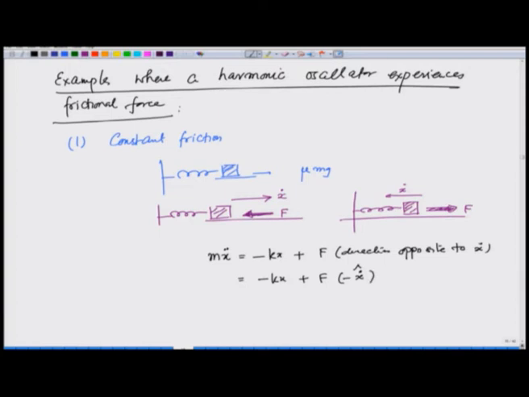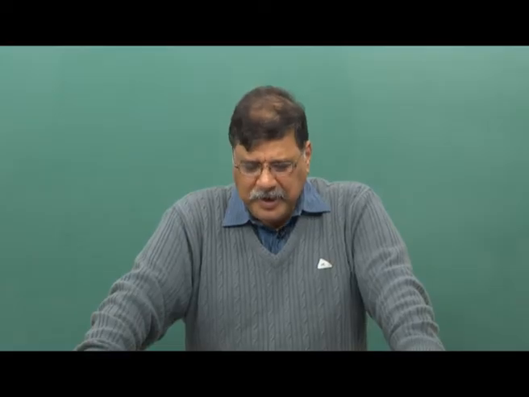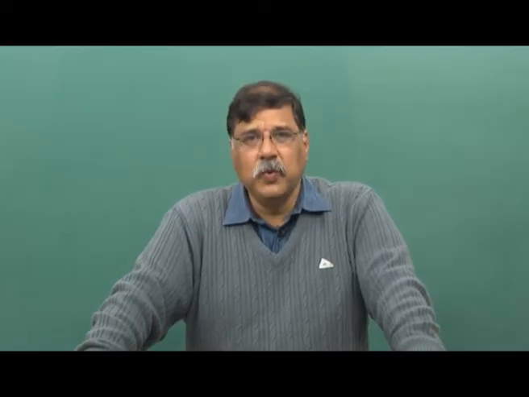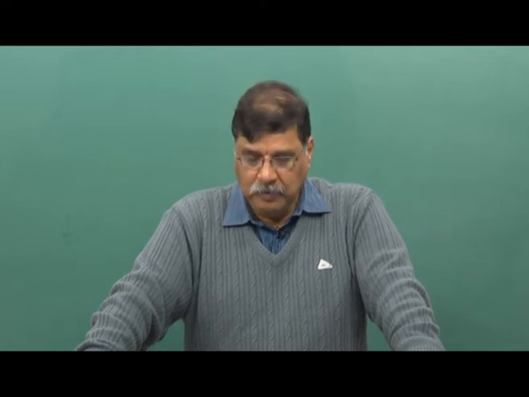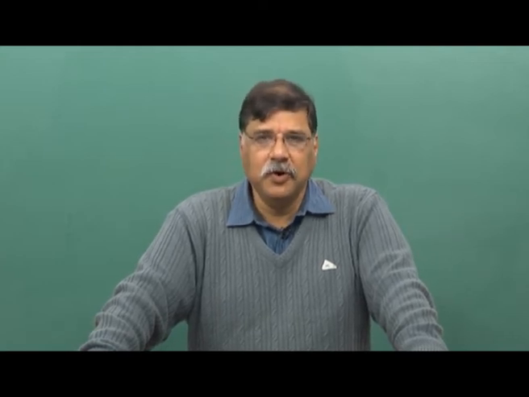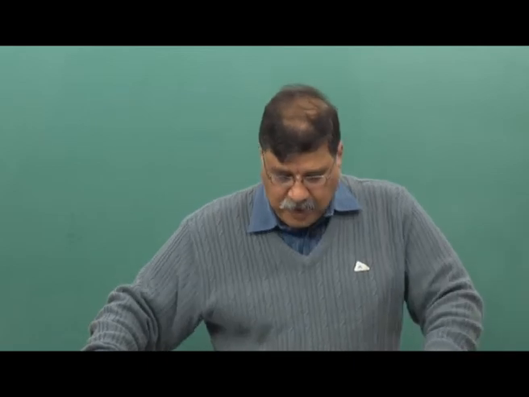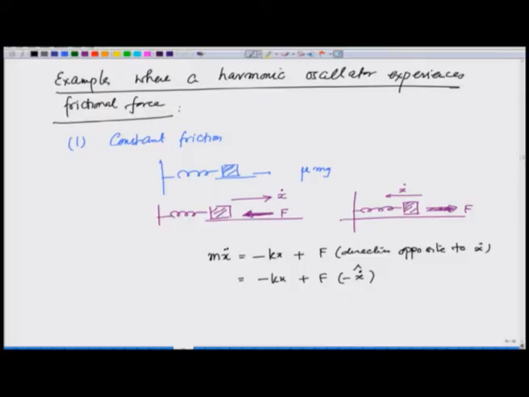So, instead of writing it like this, I am going to solve this problem by taking care of friction when the block is moving to the left or when the block is moving to the right, and we will apply energy conservation. In this case, energy does not get conserved.